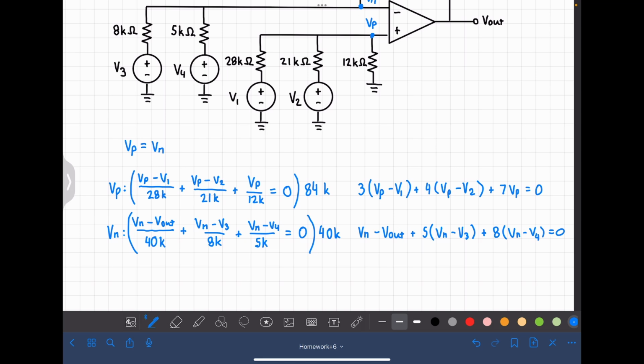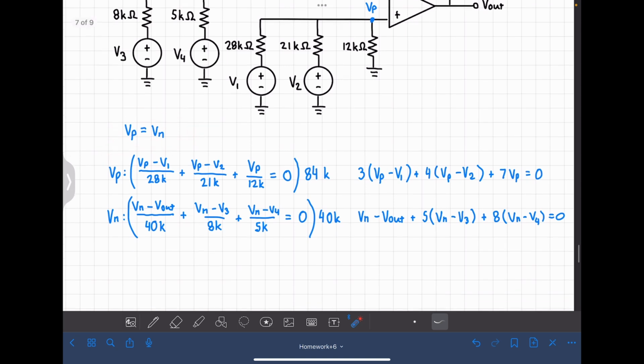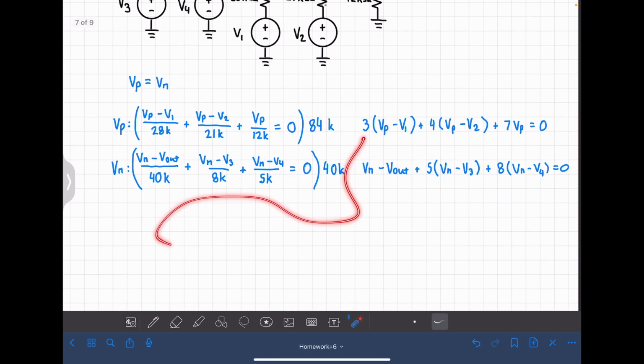So now we want to try and solve for Vn and Vp in each of these equations so we can set them equal to each other in our final equation. Let's do that for the first one here.